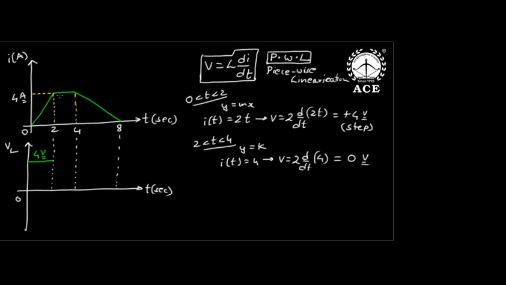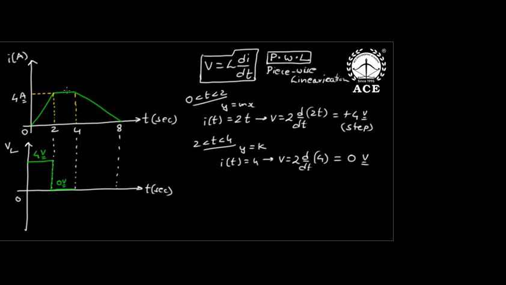That is why for pure DC the inductor acts like a short circuit. Current is constant, voltage is 0.